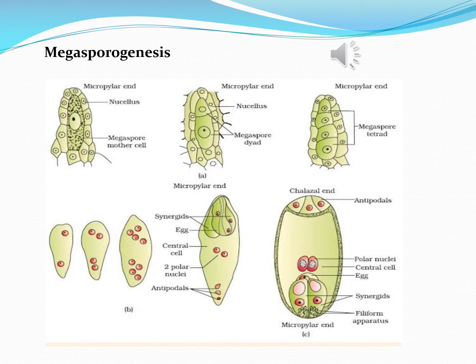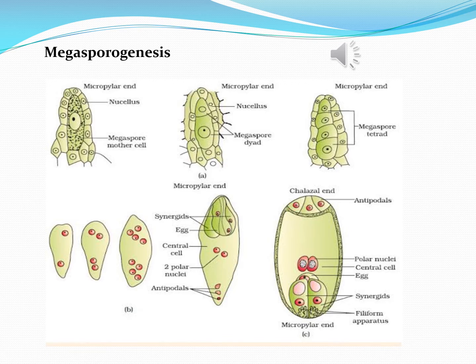We can observe this in the diagrams below. The first shows the first mitotic division, the second shows 4 cells, the second mitotic division, and the third shows 8 cells, the third mitotic division. Like this, the megaspore undergoes mitotic divisions and produces 8 nuclei, and these arrange themselves: at the chalazal end the antipodal cells, in the micropylar region the egg apparatus, and in the central portion the polar nuclei.